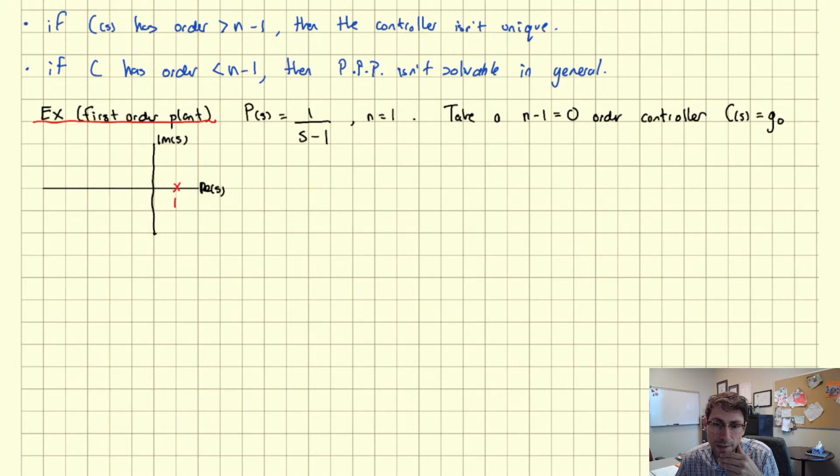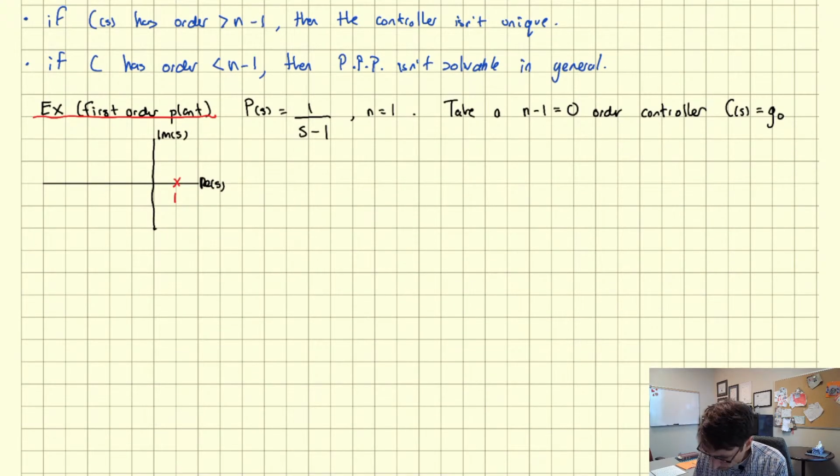Okay, so the question is, can we place the pole of the closed loop system, of the characteristic polynomial, arbitrarily with this controller? And the answer, of course, is clearly yes. So let's look. So then we get that the characteristic polynomial is the product of the denominators, so s minus 1, plus the product of the numerators, plus g0.